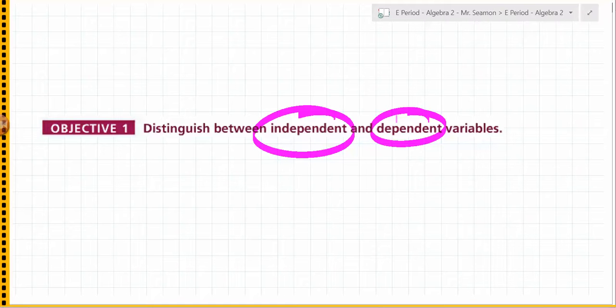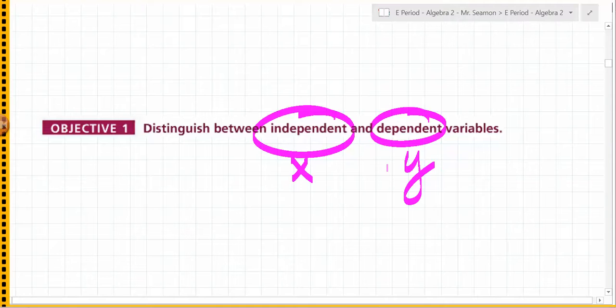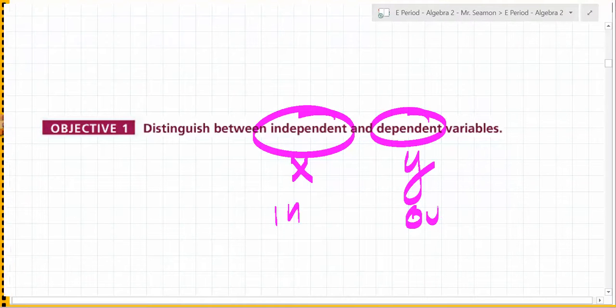Generally speaking, which of the variables that we look at are we going to call the independent variable? X. What about the dependent? Y. The x values are the things we're going to put into a function and a relation, and the y values are the things that are going to come out.